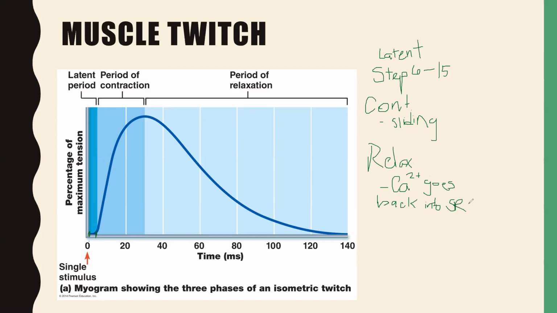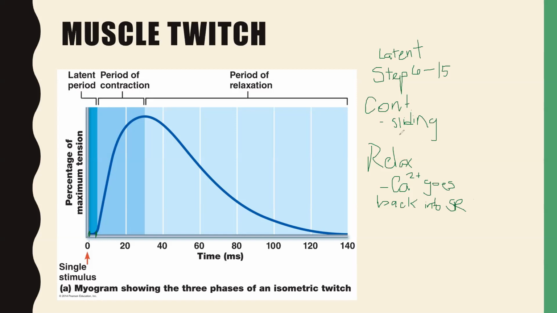So what if calcium doesn't get pumped back in? Well, then your muscle stays contracted, and that's sometimes why we get a cramp after we do really strenuous activity, because we ran out of ATP, but yet the calcium was still present. We couldn't pump the calcium back into the sarcoplasmic reticulum, and so we got a cramp. We got muscle contraction and we couldn't let go yet.